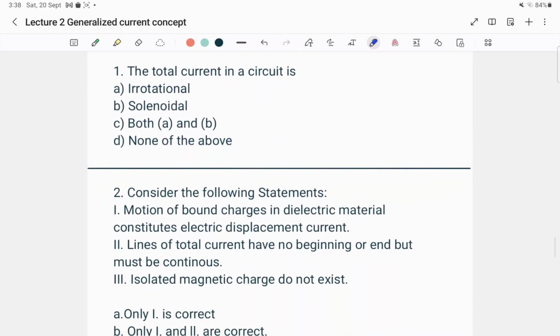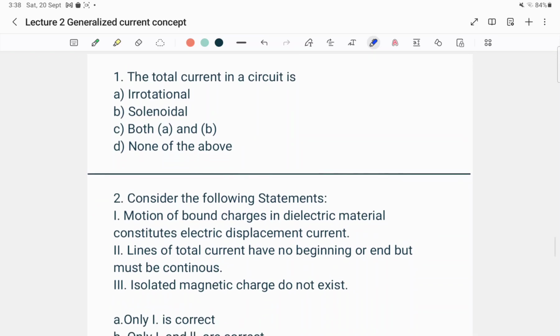These two questions will give you a certain amount of confidence that you know how the generalized current concept works in the case of time varying electromagnetic fields. So please write down in the comment section the answers for question 1 and question 2, and also justify why you have selected a particular option.